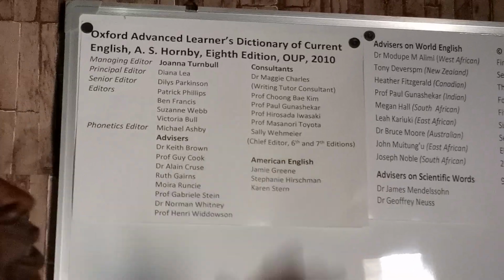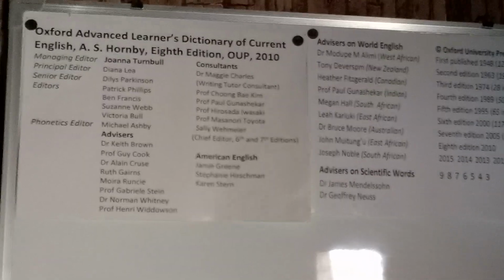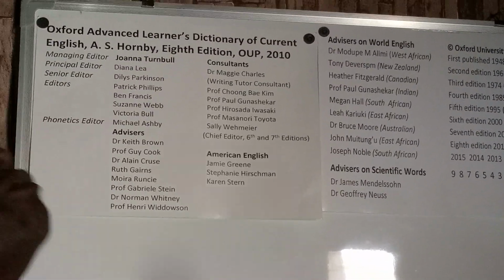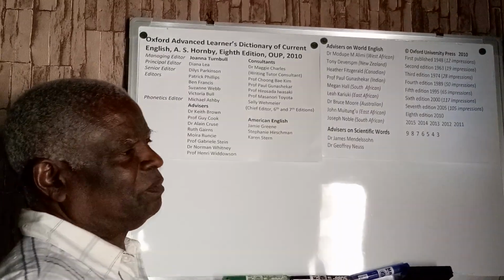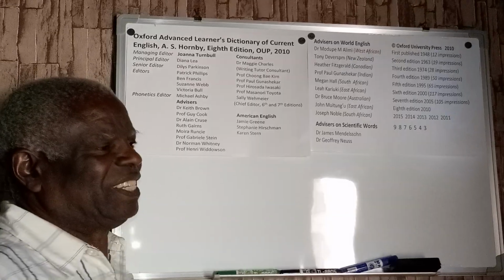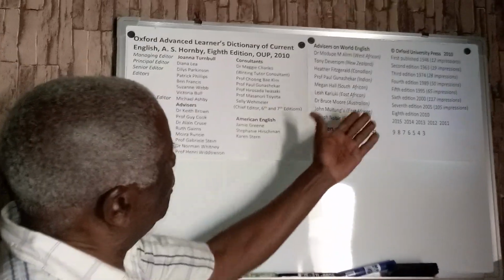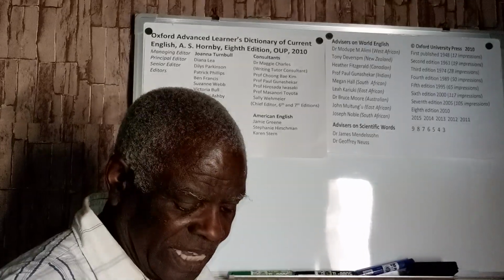There are about 38 of them, all of them the cream of linguistic authorities. They are extremely knowledgeable in linguistics. But we will still see later on that they have some gray areas in their production.